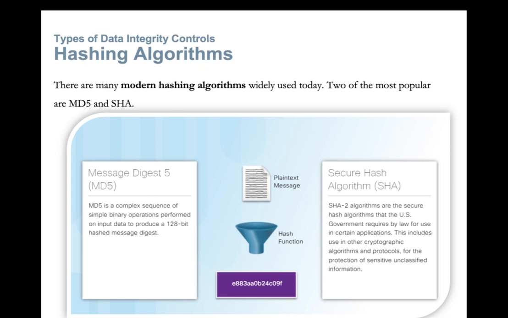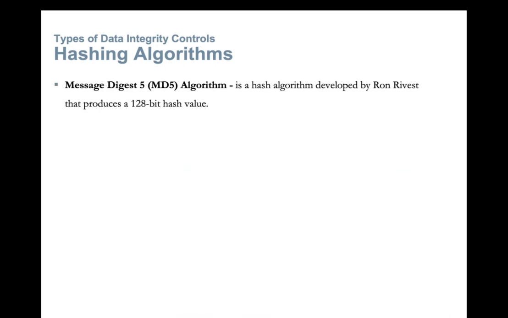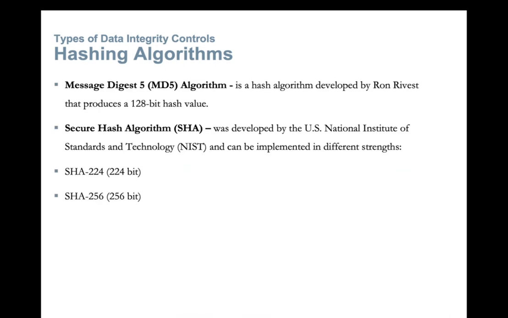NIST published SHA-1, which was published in 1994. SHA-2 replaced SHA-1 with four additional hash functions to make up the SHA family.